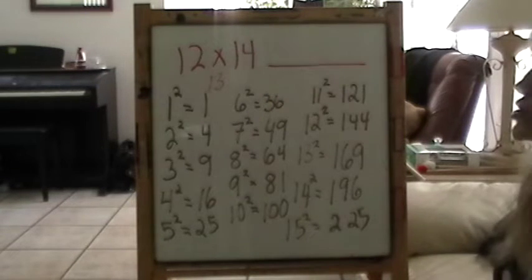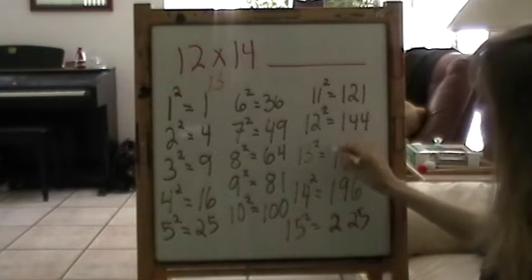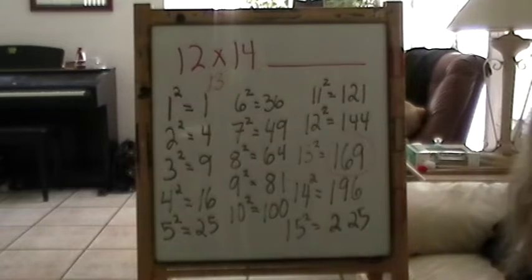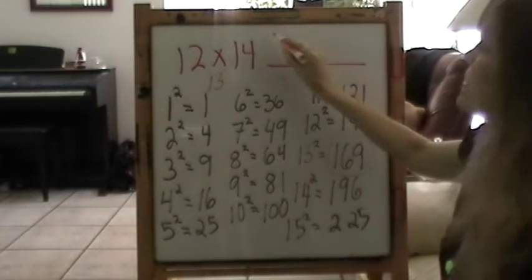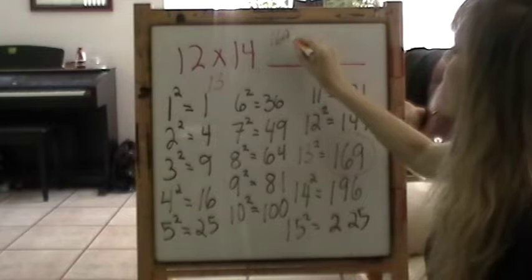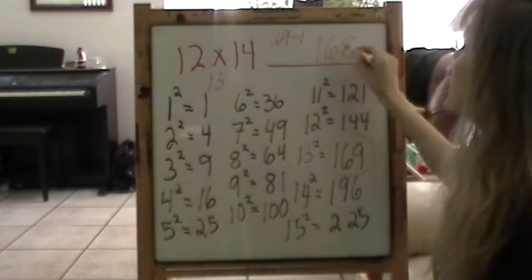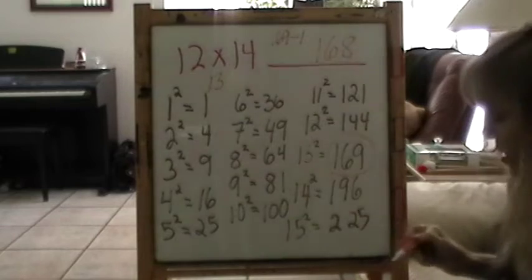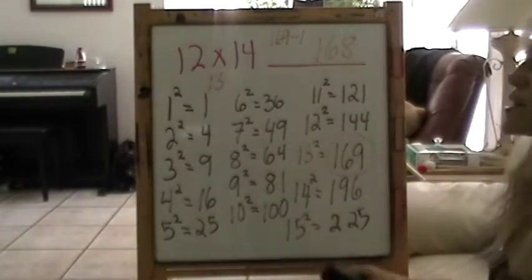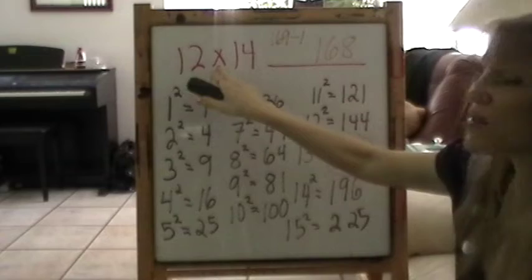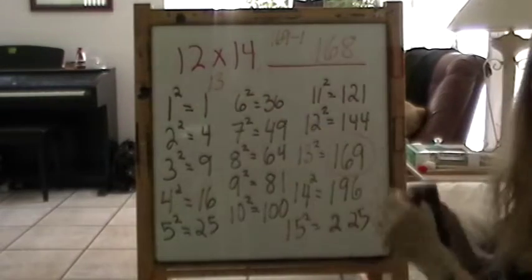By looking here, we know 13 squared is 169. So we take that and subtract 1, and we get 168. And that's your answer. Basically all you do is square the number in the center and subtract 1.